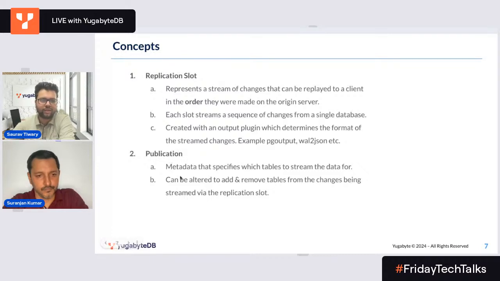A publication is metadata that specifies which tables to stream the data for. The good thing is that you can alter it to add or remove tables on the fly later on as well. Both replication slots and publications together form a way to stream changes from a single database for a selected set of tables that you have specified in the publication.